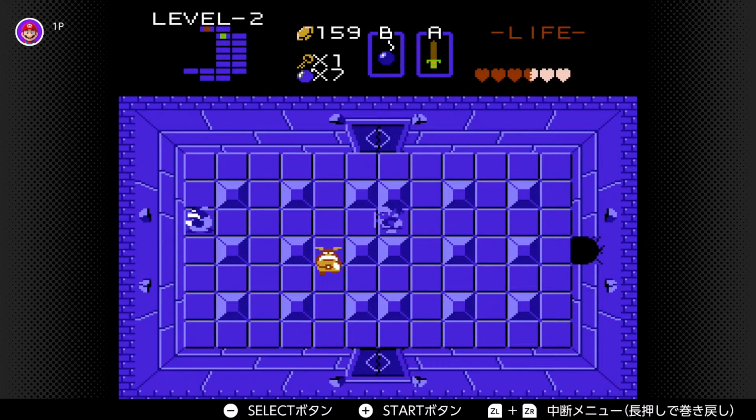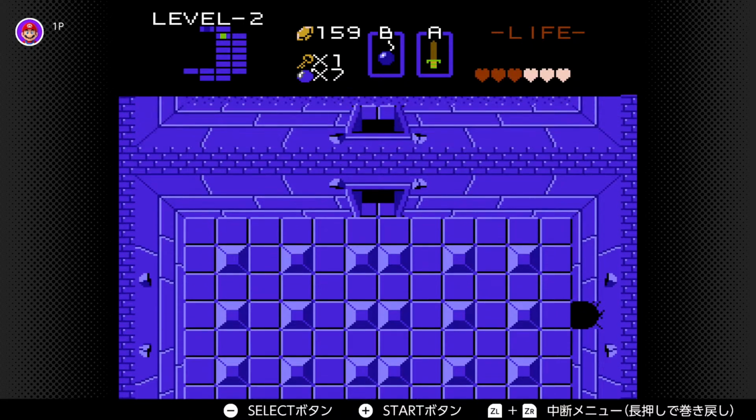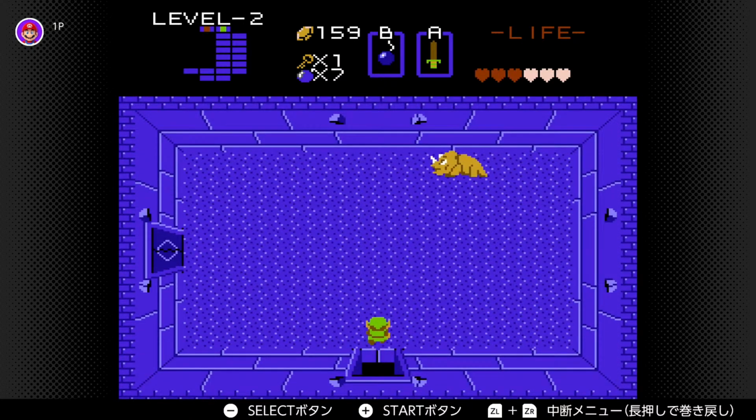Okay. Let's defeat these gorillas. Of course, doing so without stunning them with the boomerang is much riskier, but we did it. Okay, let's defeat Dodongo by using bombs.